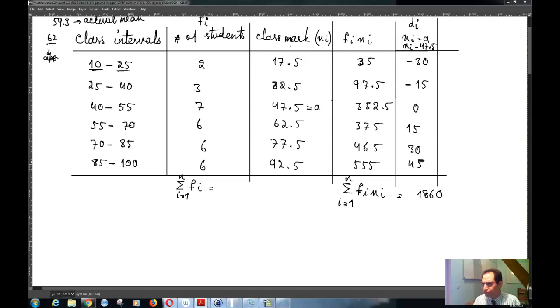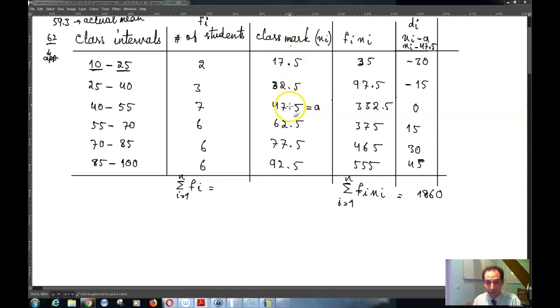Okay, so now the third step to do here is to multiply the difference by f of i. What we calculated is the deviation of each x of i from the assumed mean.